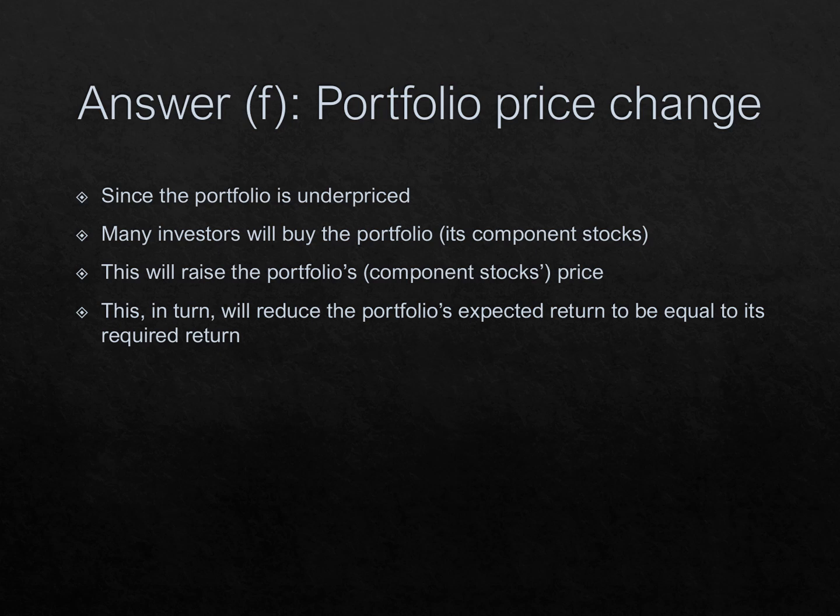That's the relationship. When the expected return becomes lower, it will become equal to the required return based on the CAPM. When these two are equal, expected return equal to the required return, there would be equilibrium. That's the answer for the sixth question for this problem.